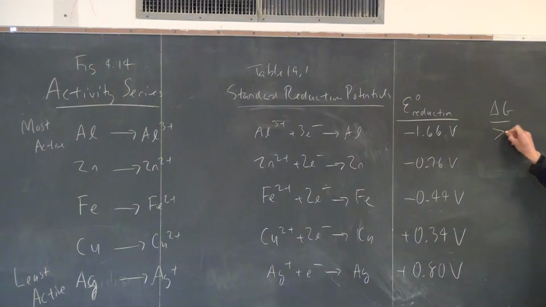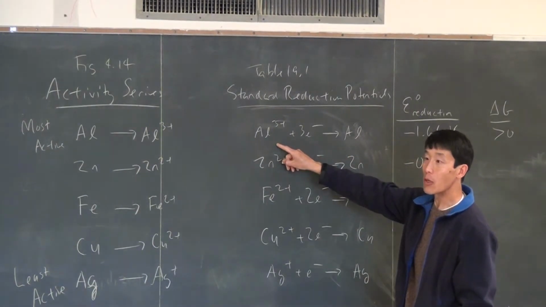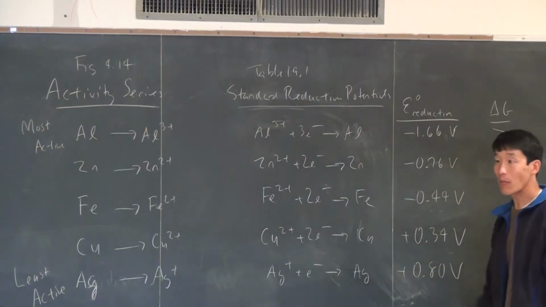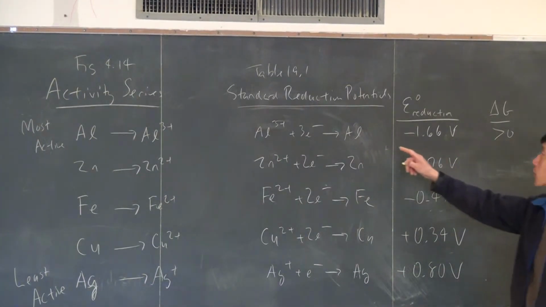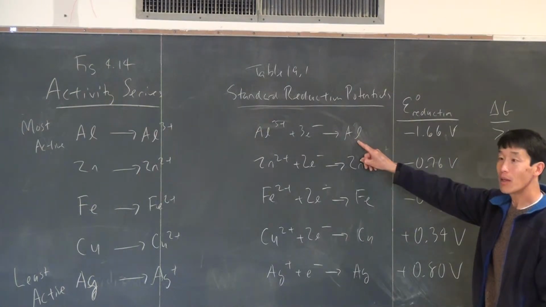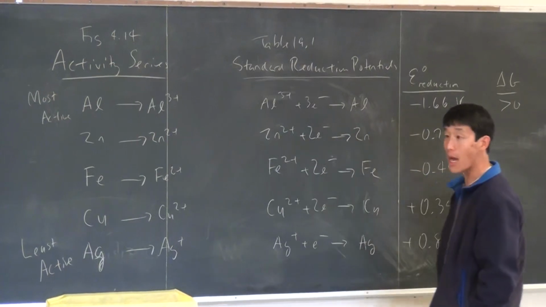This is going to be positive, so does aluminum 3+ reduce to aluminum metal based on delta G? Conversely, will aluminum oxidize to aluminum 3+? We go look at the reverse.